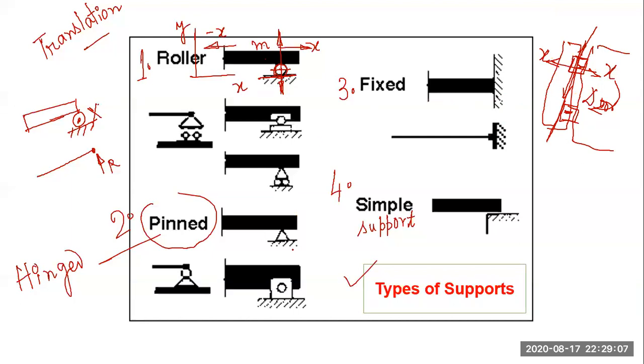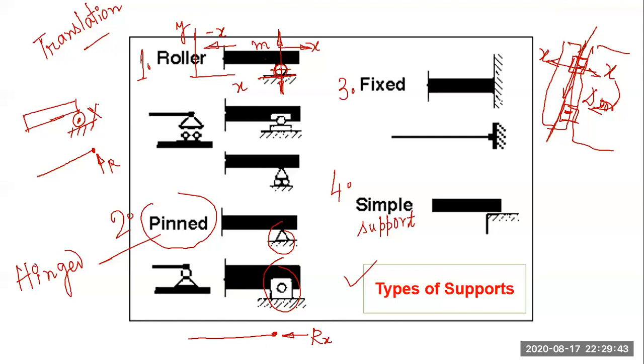So first, if you want to replace the pin joint or the hinge joint, how to show? Say this is the beam. At this point, the x direction motion is already restricted, so we have to show a reaction there. You can show it towards the body, or you can show it opposite, no problem. Say Rx along x.